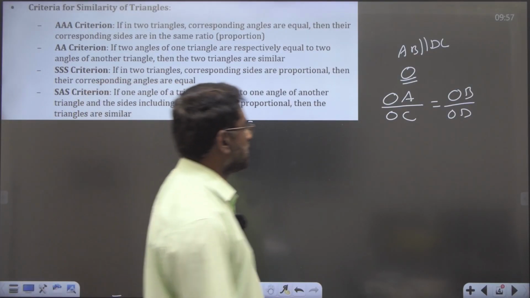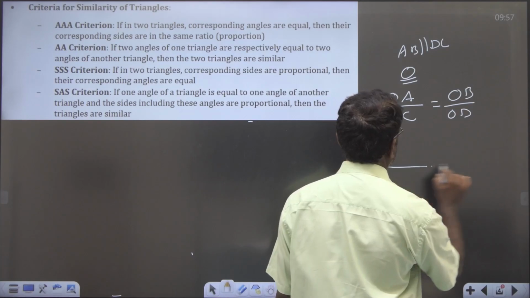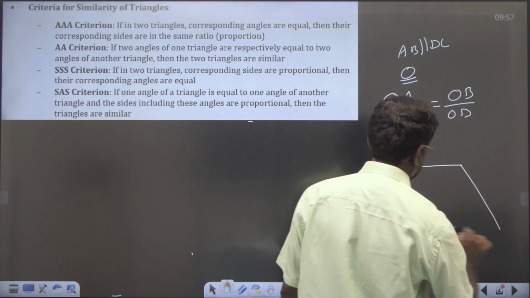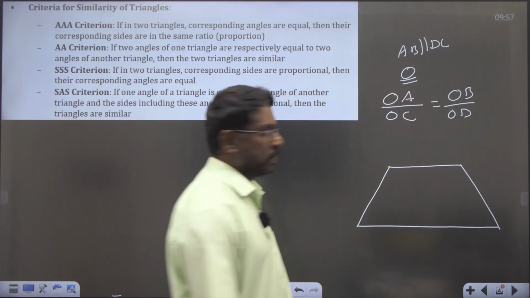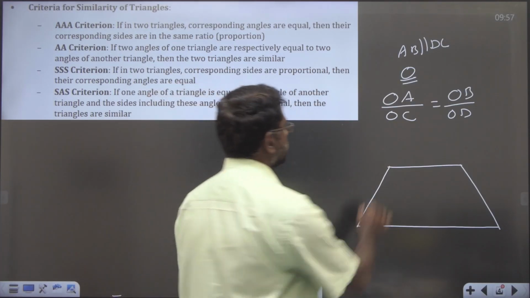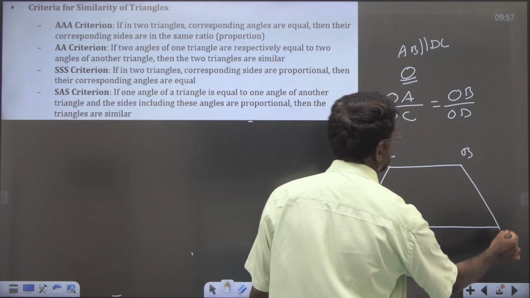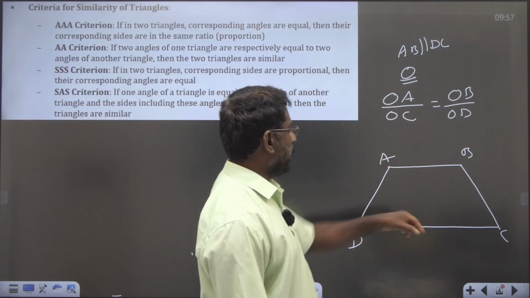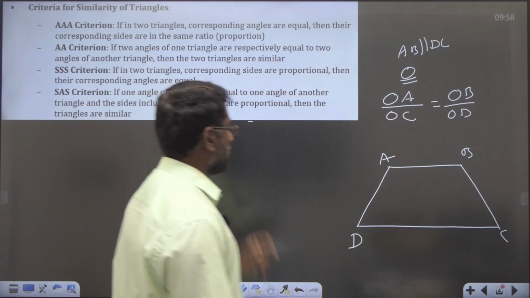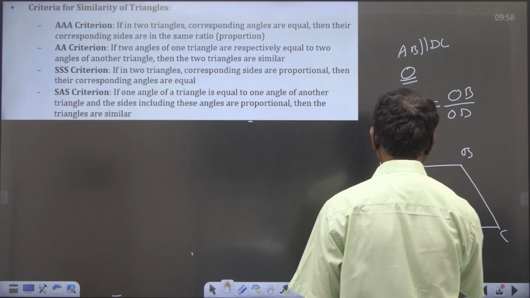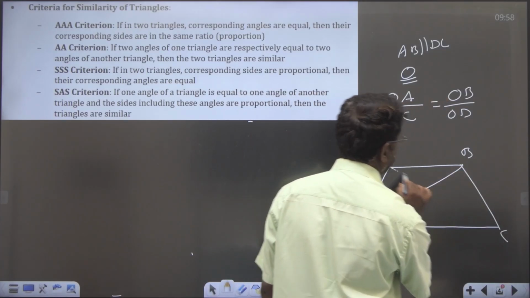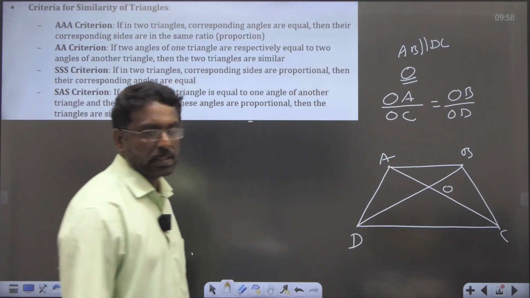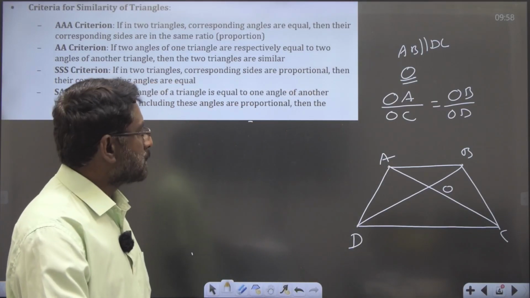Okay. We can draw a figure like, suppose this is the trapezium ABCD. AB parallel to CD, that is given in the question. Also the diagonals, these are the two diagonals, meet at O, that is given.